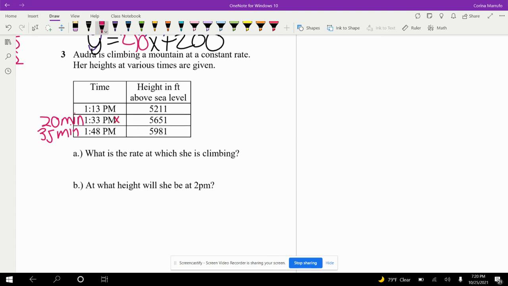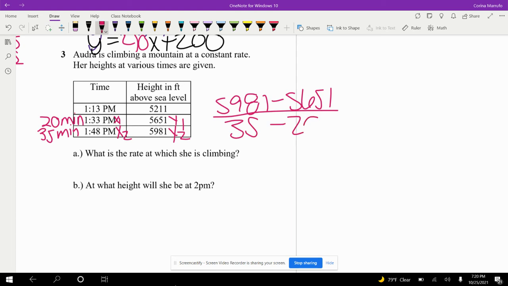So I'm going to use this as my x1, y1, and my x2, y2, just because we can't put 1:33 and 1:48 in the formula. So we're going to subtract our y values on top: 5981 minus 5651. And on the bottom, we're going to subtract our x values: 35 minus 20.